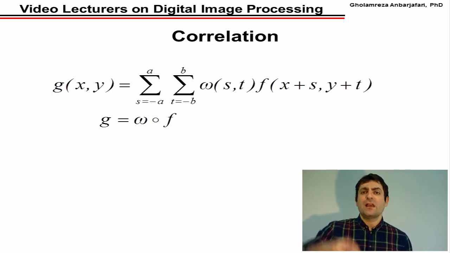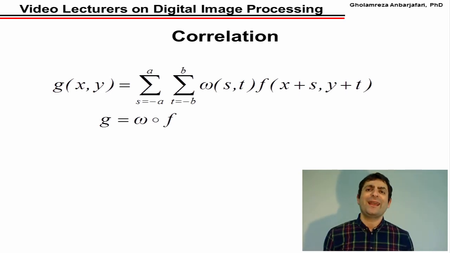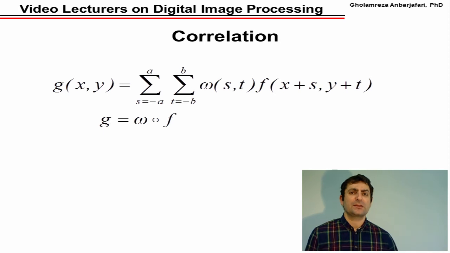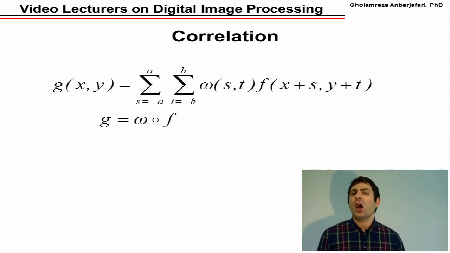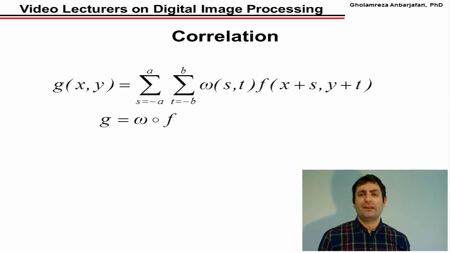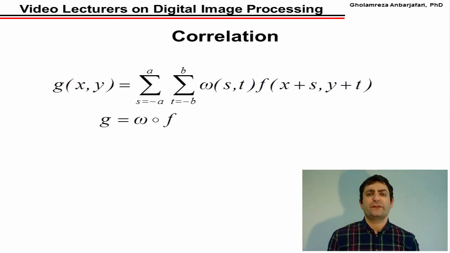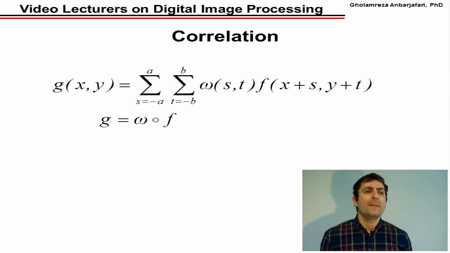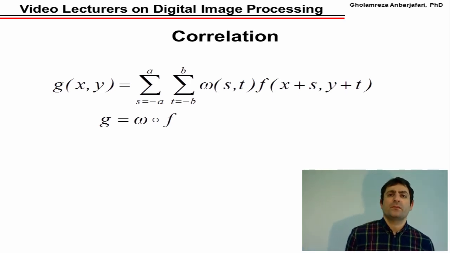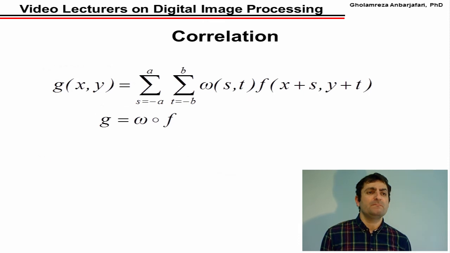In other words, we do not have the 180 degree rotation. Or, if you look at the definition from signal processing, as you can see in this slide, we are not flipping the signal. We are not rotating the signal 180 degrees. So this is the only difference between correlation and convolution. We show it with a little o as the notation of correlation.